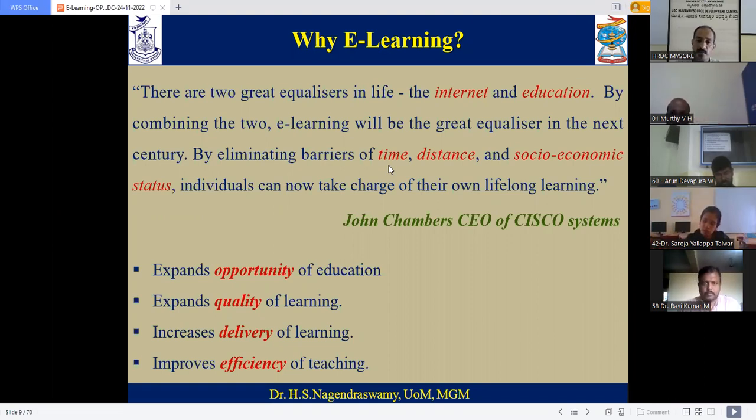They are engaged in some other activity, because they have to earn their food by doing some work, and because of that they cannot manage the time and are not able to attend the regular classes in the institutions that we are right now witnessing. And because of that they did not get an opportunity to learn the way we have learned already in our high school days or in our higher education.